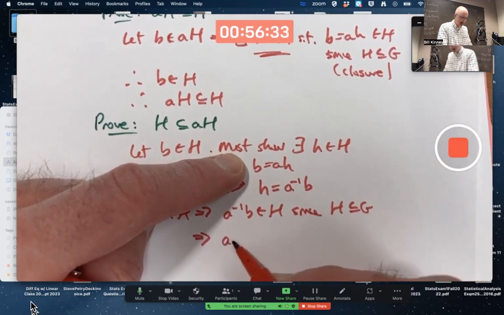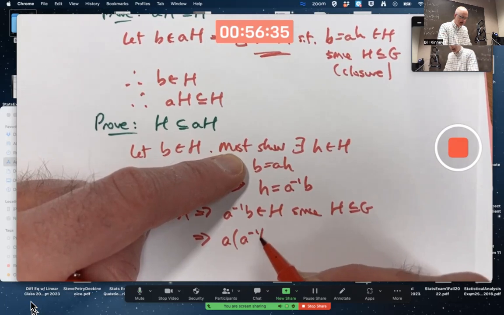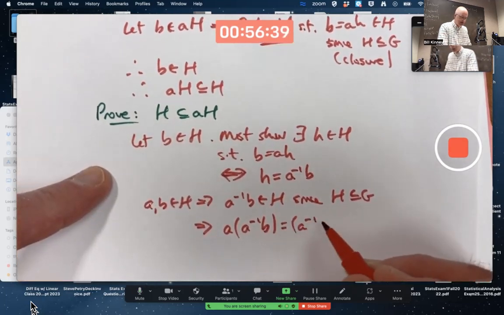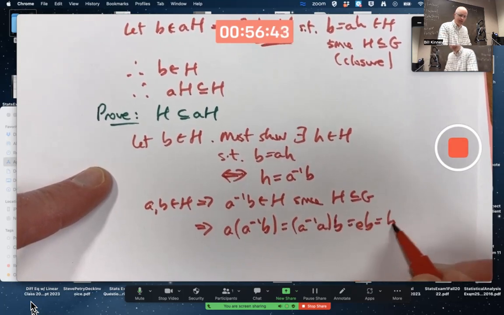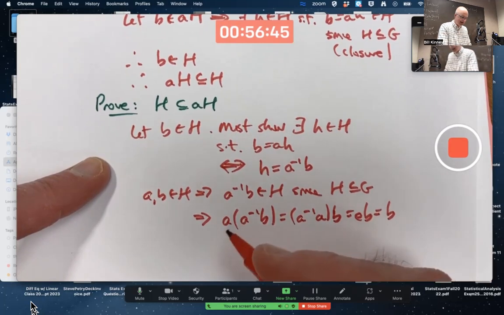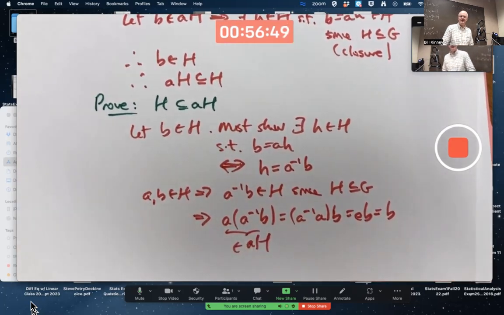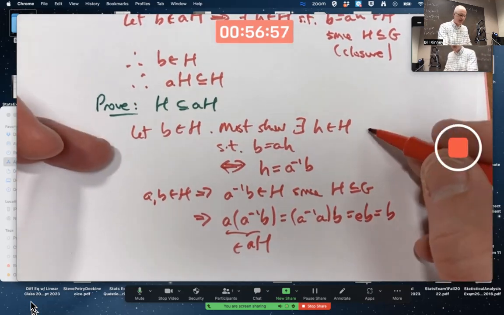A times this thing, use the associative law for emphasis, is the B. That's an element of A times capital H. That would be more what the polished logical order would be. Up here, this was more problem solving.